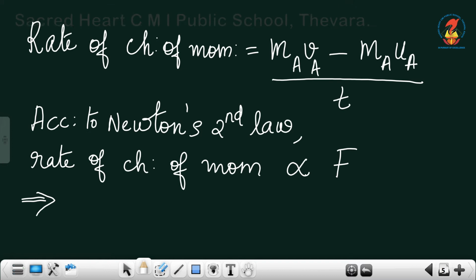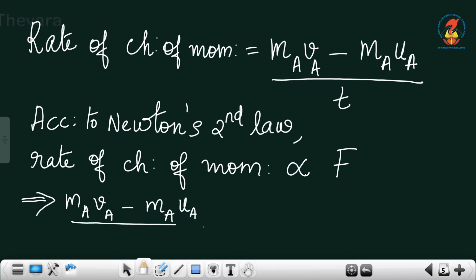Now, in case of ball A, rate of change of momentum is MAVA minus MAUA by T. This is proportional to the force that ball A exerts on ball B, named as FAB. So, rate of change of momentum is proportional to force.